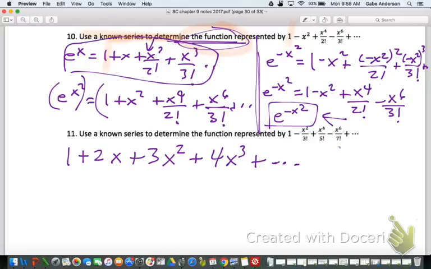Again, use your denominators to give you a hint about what base series this is, and so you can figure out what's happened to it, because whatever's happened to the series would happen to the function as well.